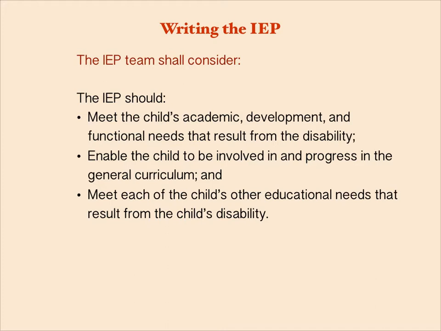Our general curriculum in the state of Virginia is the SOL curriculum. Most children will use that. There are other curriculums, dependent on cognitive ability, that we find is appropriate for a particular child. So how much is this child going to be involved in the general curriculum?